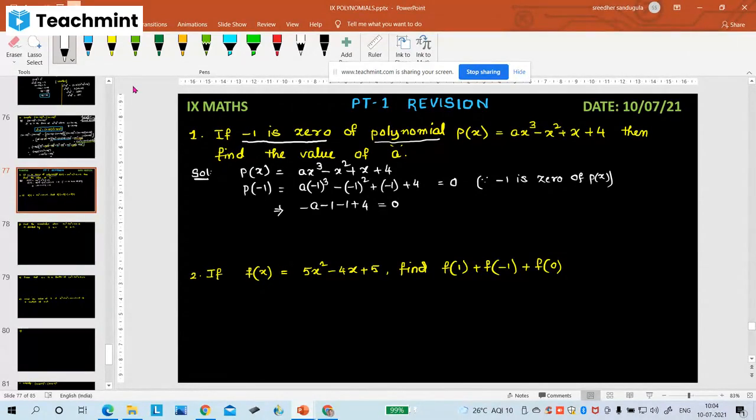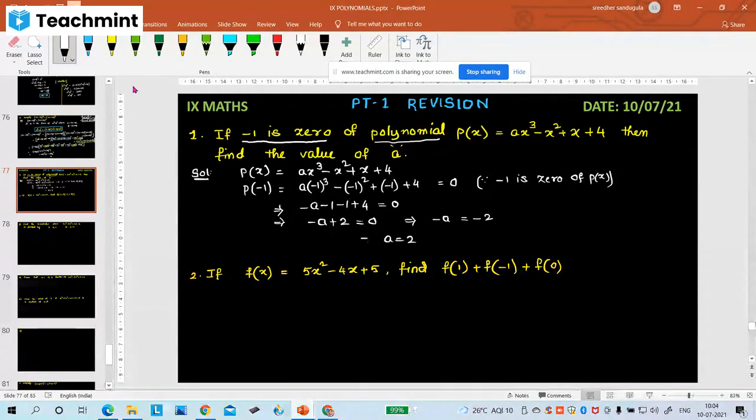So that implies minus a equals, here minus 1 minus 1 is minus 2, minus 2 plus 4 you get plus 2, equal to 0. So minus a equals, if you transpose plus 2 to this side, minus 2. From this you get the value 2.